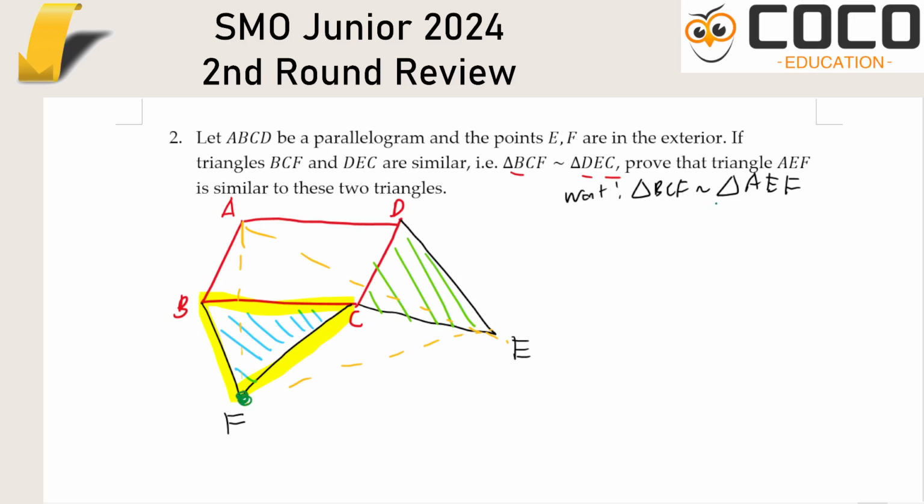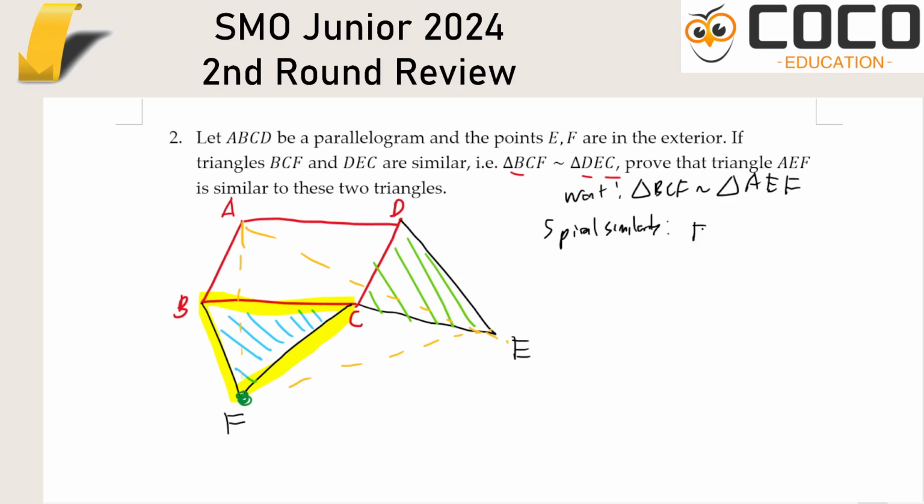Those two that I'm looking at have a common point F, and F plays the same role, right? F is going to be the so-called corresponding vertex. F corresponds to F. And so I can view this as a pivot point, and this BC just got rotated to AE and then scaled up. Now this is known as a spiral similarity.